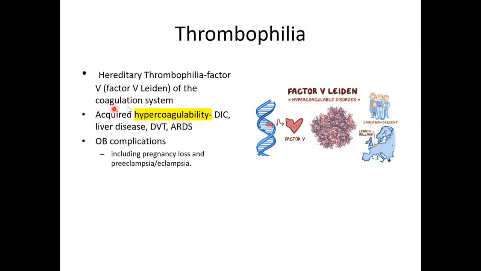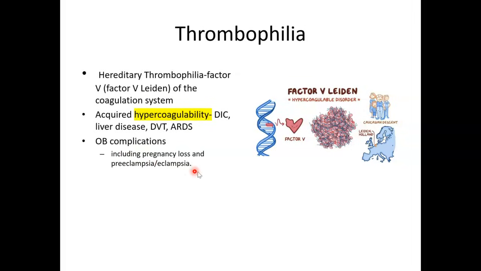So factor V Leiden is an acquired hypercoagulability. Know that it causes them to clot and can lead to any of these, DIC, liver disease. Here it is right here. This is generally how they manifest. There can be some OB complications, of course, if somebody has factor V and this kind of hypercoagulability disorder, and these coag factors just cause this person to clot sooner than they should be clotting.